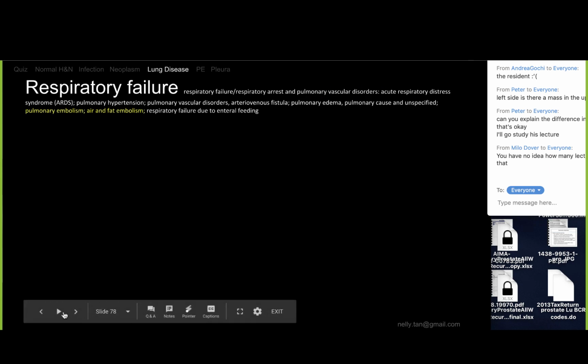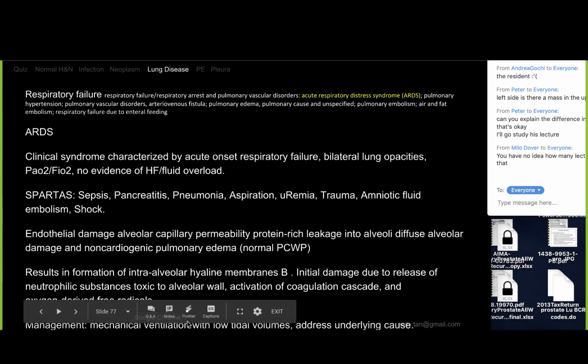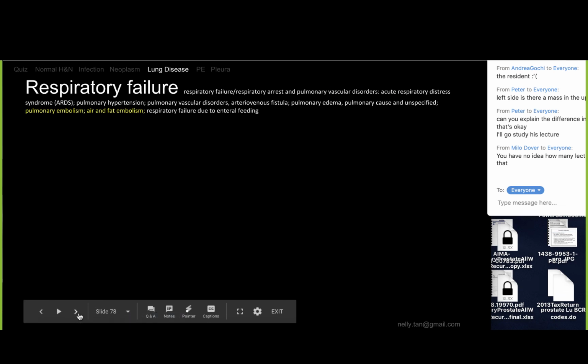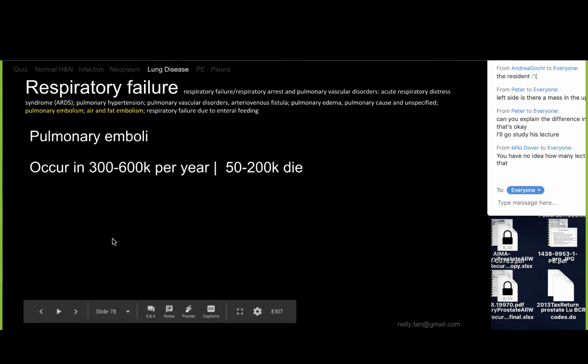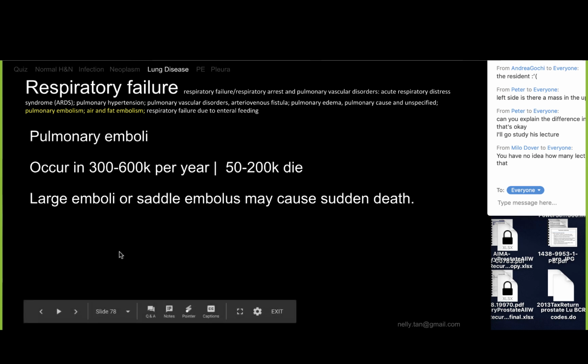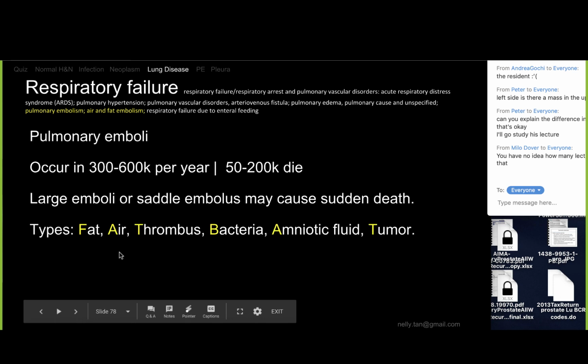Those patients have to be carefully monitored, and they're usually ventilated because their lungs are compromised.